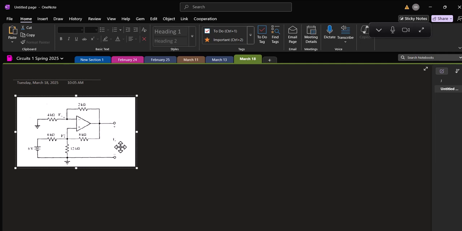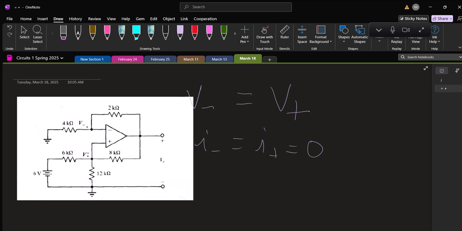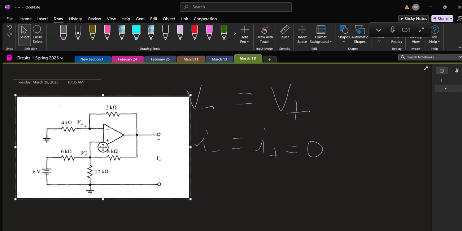All right, so what we know is that V minus has to equal V plus, and we know I minus has to equal I plus has to equal 0. So we know that any current entering into these terminals is 0. So that current is 0 and that current is 0.